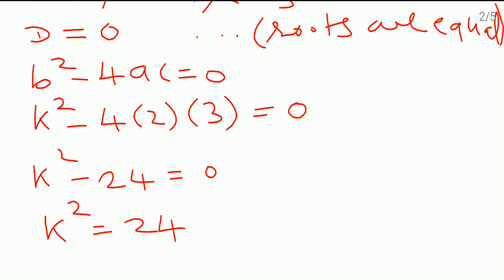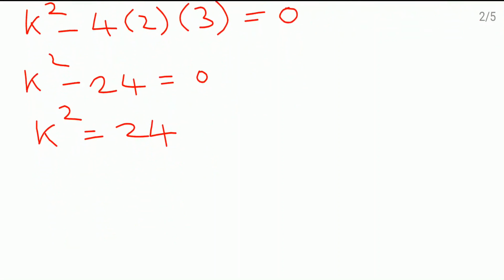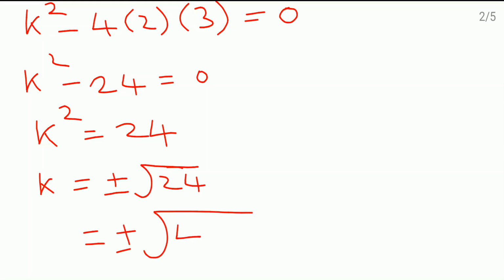Because it was negative, it became positive. Now we'll take square root of both the sides. So k is equal to plus and minus root 24. Try to understand here. Whenever you take the square root, always write down the plus and minus, whatever the number will be. Now this 24, I can write as 4 times 6.